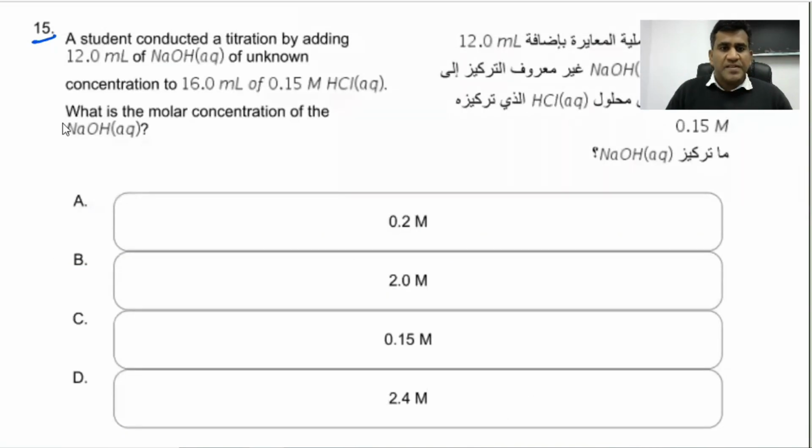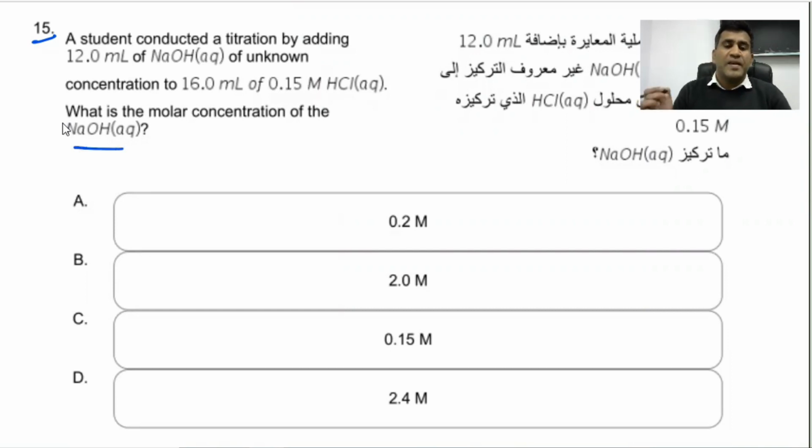Question number 15: a student conducted a titration by adding 12 ml of aqueous sodium hydroxide of unknown concentration to 16 ml of 0.15 molar hydrochloric acid. What is the molar concentration of sodium hydroxide? This is basically a titration experiment.